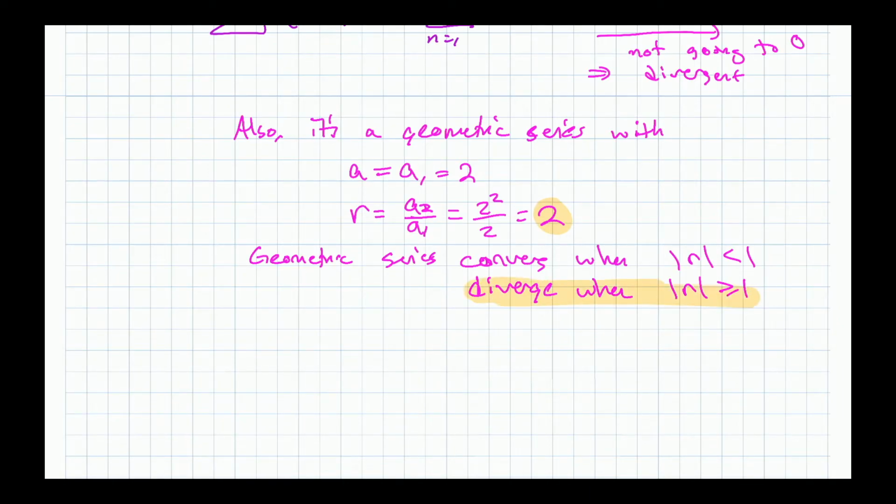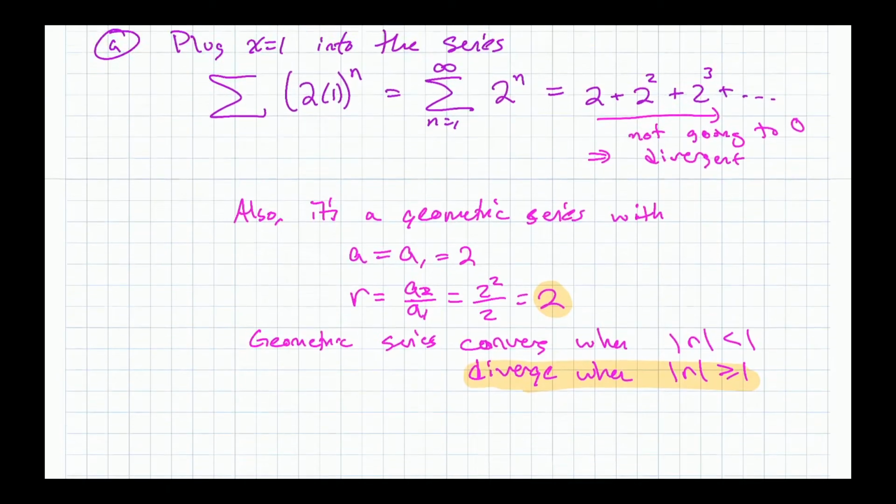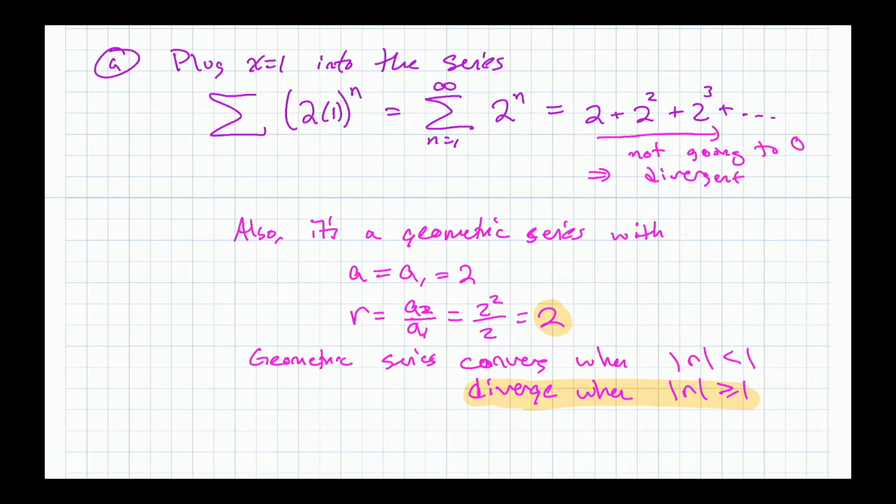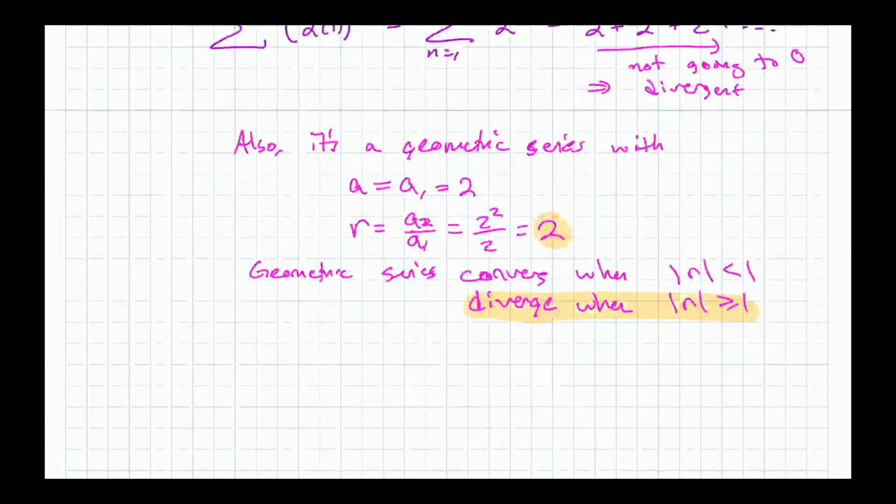So that's what's happening, it diverges. You need to just identify that as a divergent series. So the series diverges at x equals 1. That's the moral of the story here.